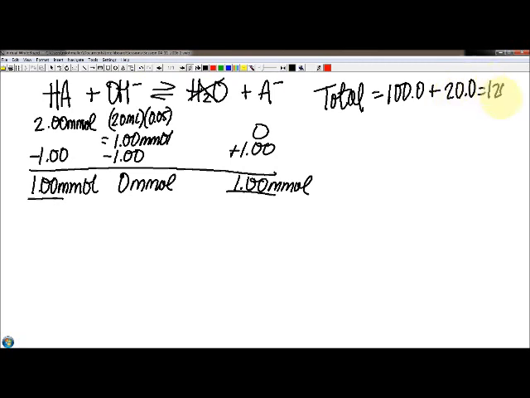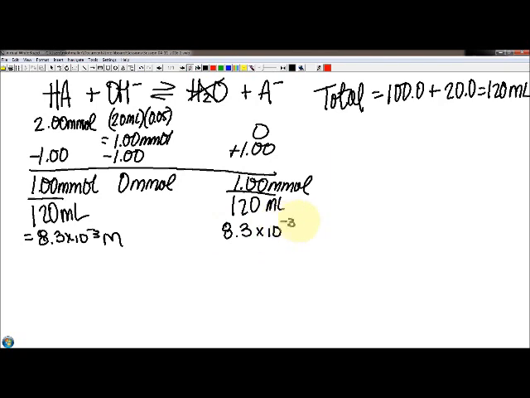So that's 120 altogether. When you divide, the acid now has a molarity of 8.3 times 10 to the negative 3, and the conjugate base has the same thing, 8.3 times 10 to the negative 3.